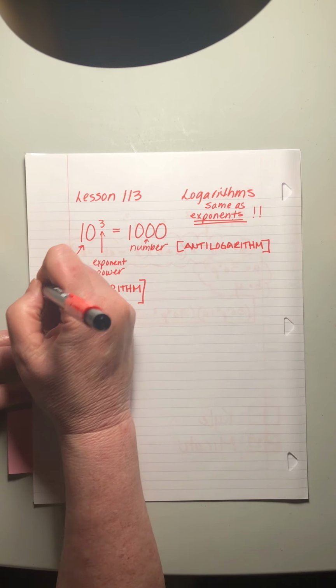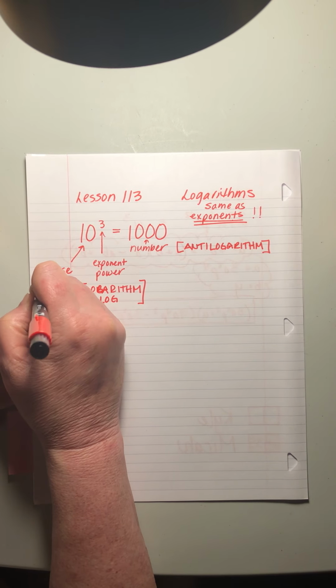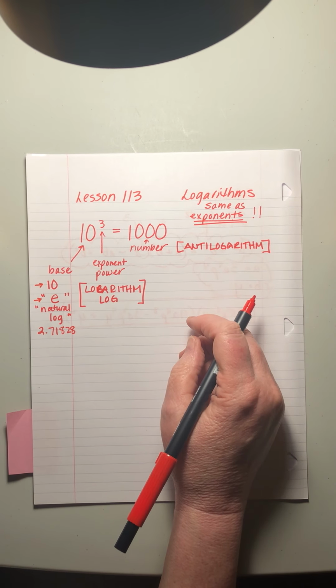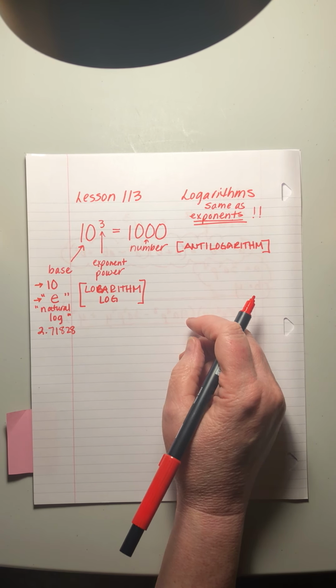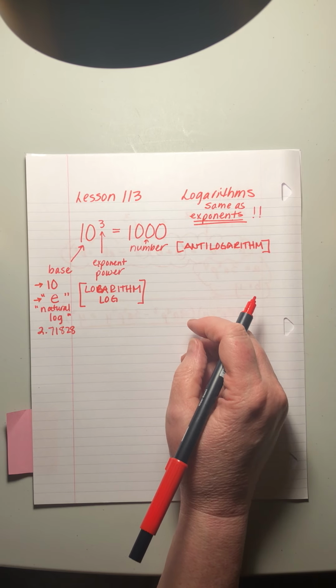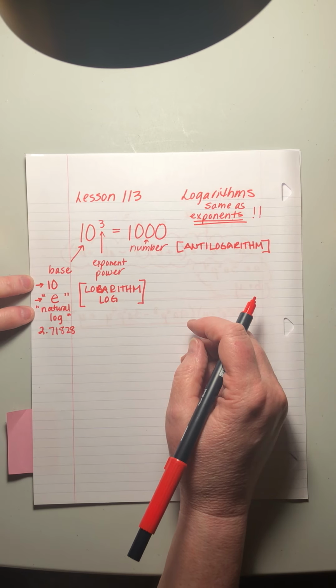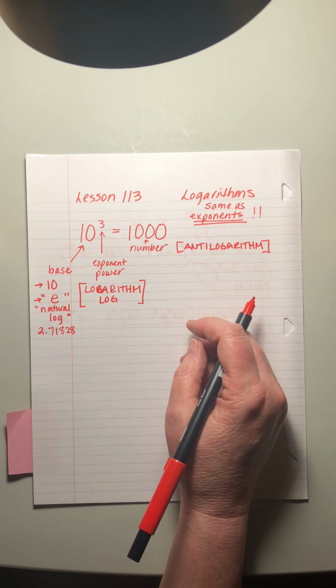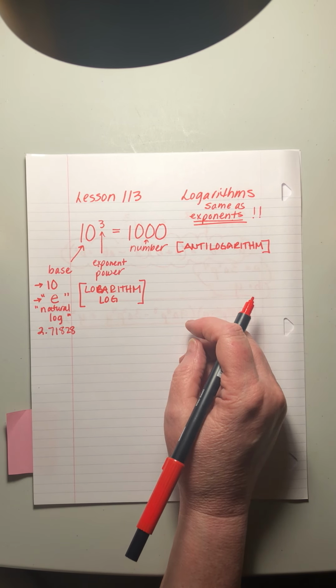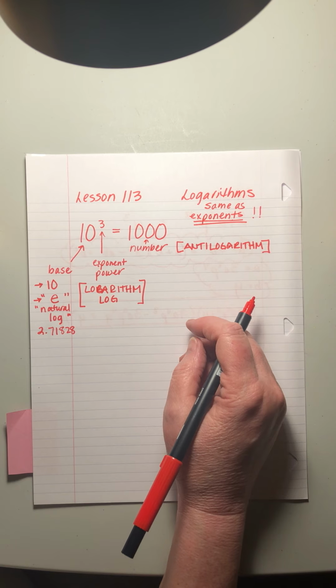What's cool about these two bases is that they are programmed into your computers, your handheld calculators, I should say, which is a computer. But these are the two most common bases. We can use other bases, but these are the most common ones. And so we're going to use those, and they're all loaded into your calculator. You don't have to use tables in the back of your book like I did back in the days when the dinosaurs ran free.